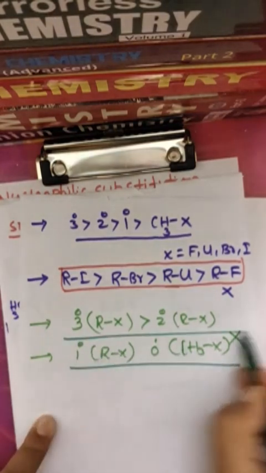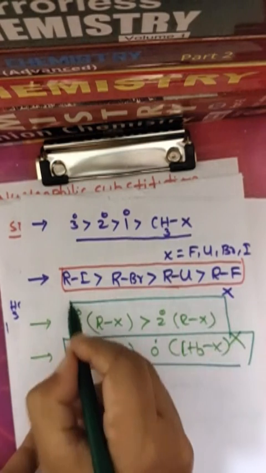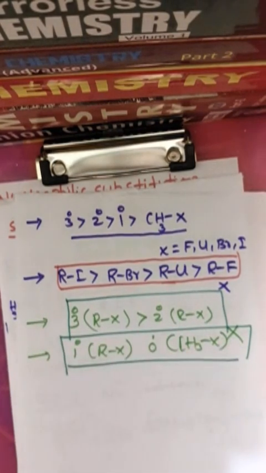They can't show any reactivity. Only 3 degree and 2 degree go through SN1 very fast. So it is a very important reaction in nucleophilic substitutions for both board level and competitive purposes. Thank you.